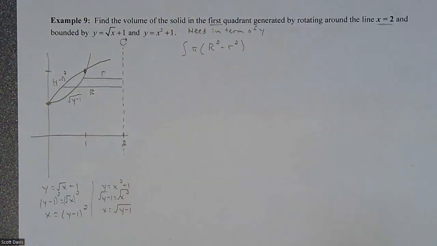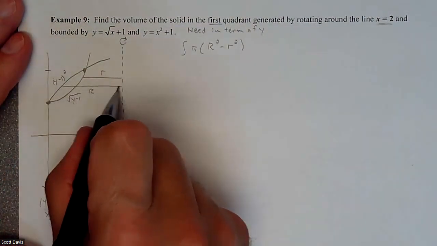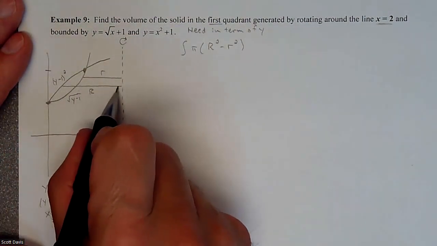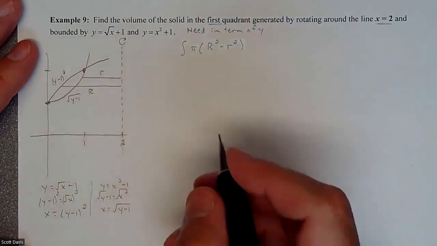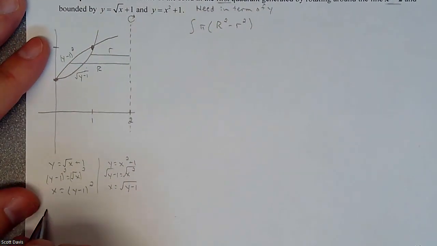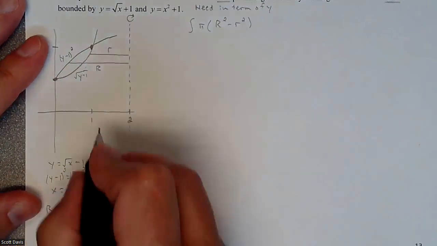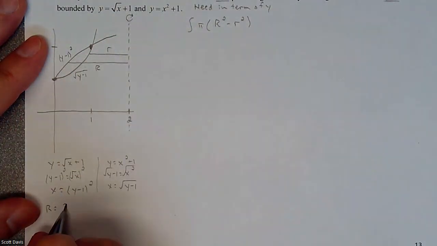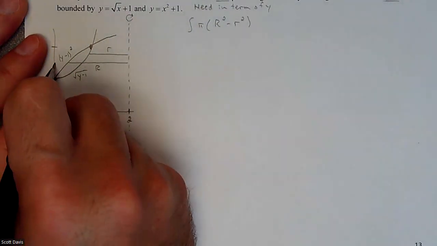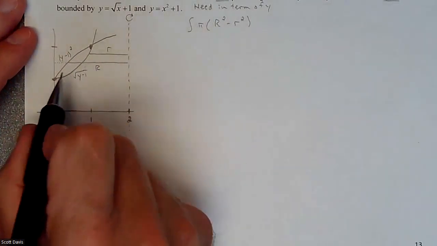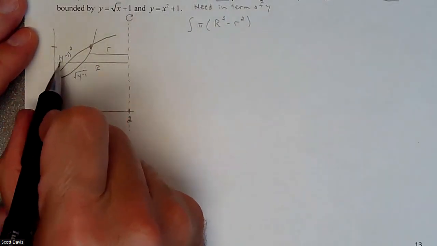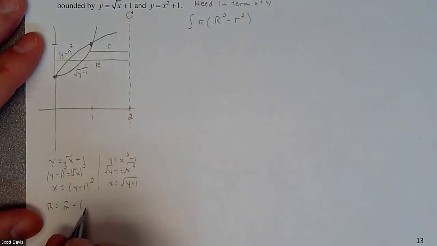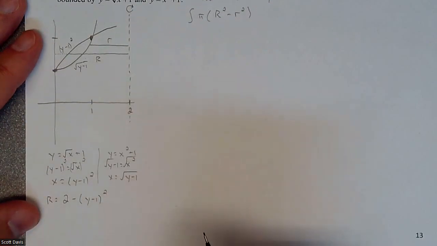Okay, so to find this length right here, the whole thing is 2. So big R equals 2, but then we need to subtract out that little bit. And that little bit is based on that equation. So we're going to be subtracting out y minus 1 squared.